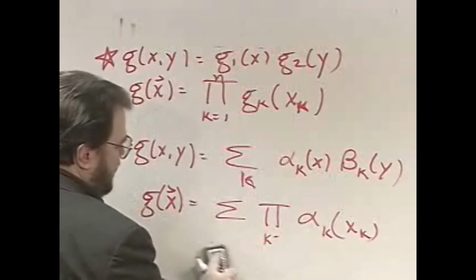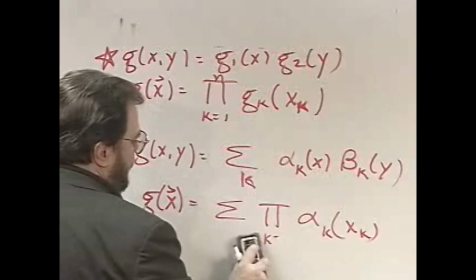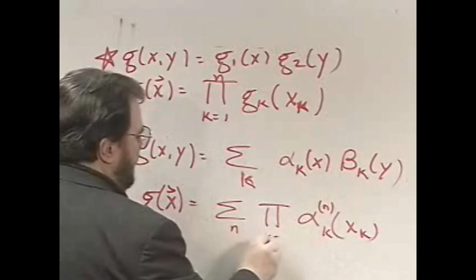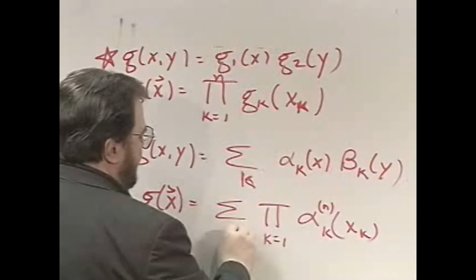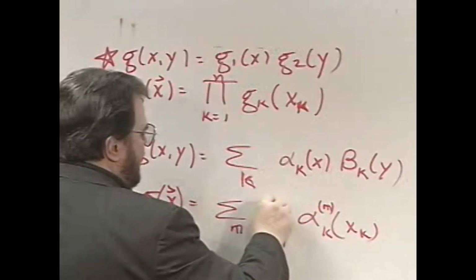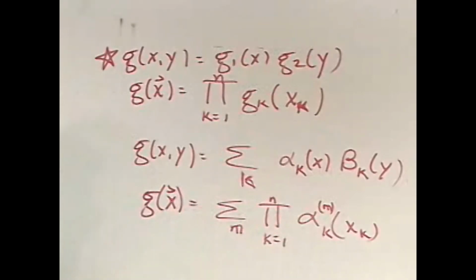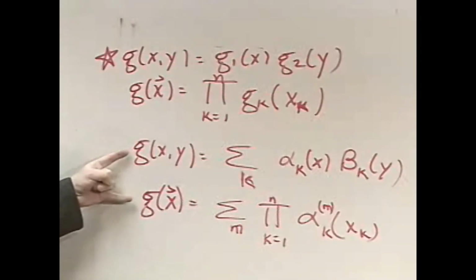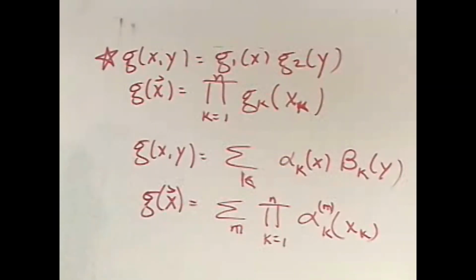Summation, I've got to put an n here, an m. So this is the general statement for separable functions in multi-dimensions. You don't have to worry about this for this particular course, but this is an interesting result, which is sometimes useful in multi-dimensional signal processing, the separability issue.